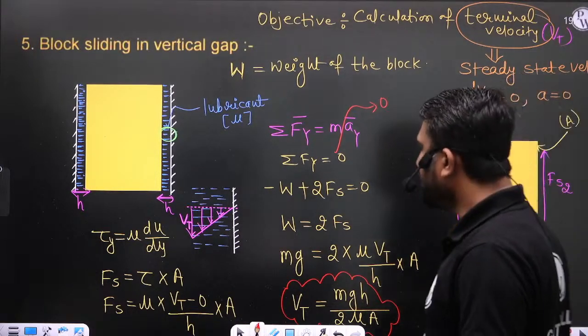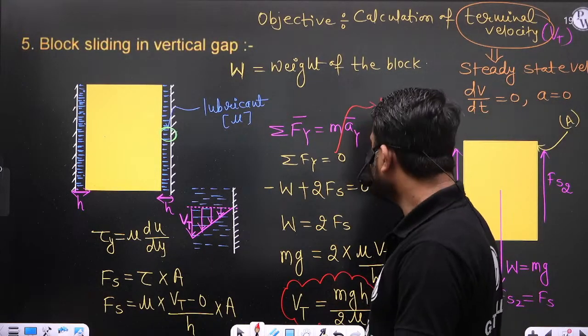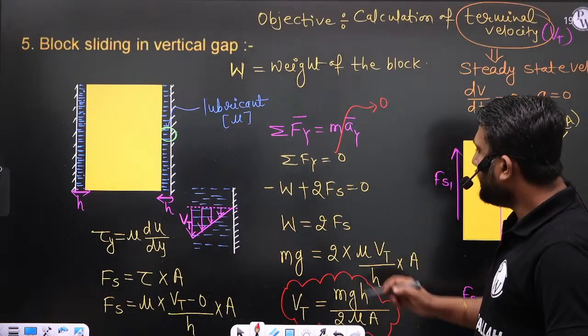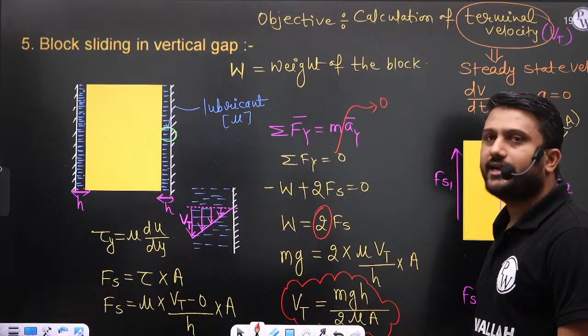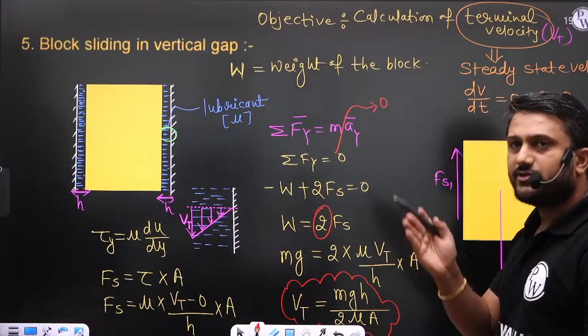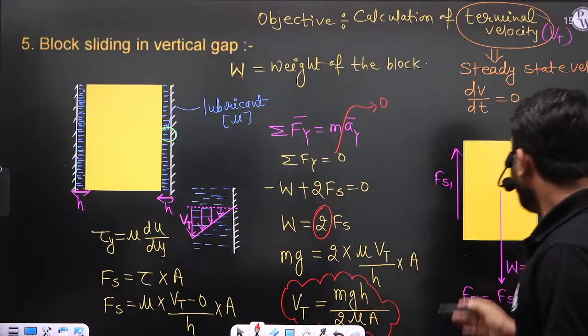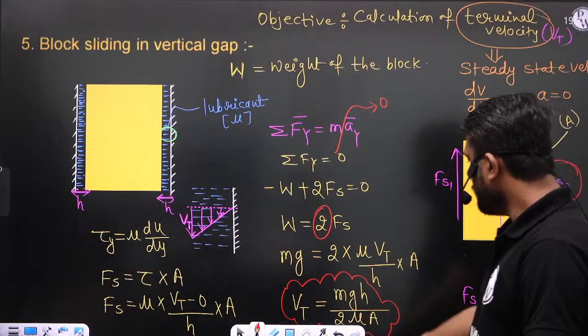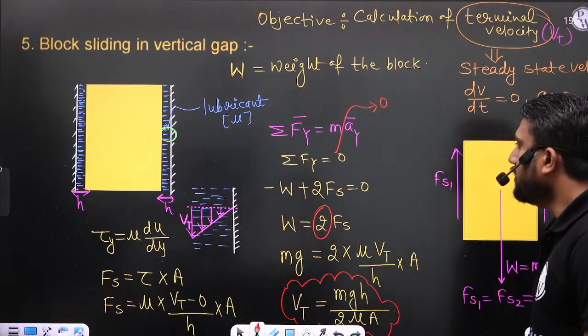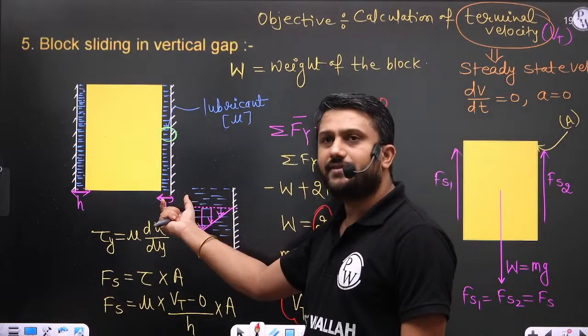Beta, that is h, no? Why are we considering the 2h? Because we already considered 2 here, no? Fs1 is equal to fs2, and that is equal to fs. So we calculated fs2, and when you calculate the fs2, then only h comes into the picture.